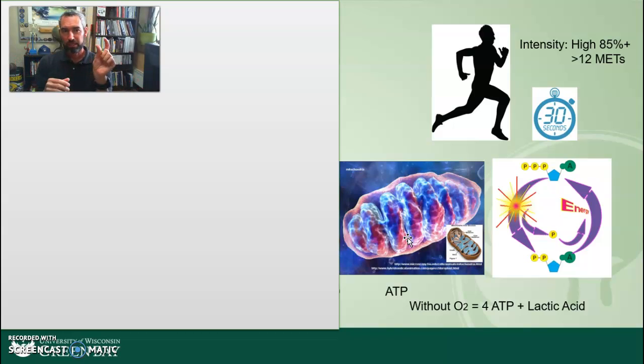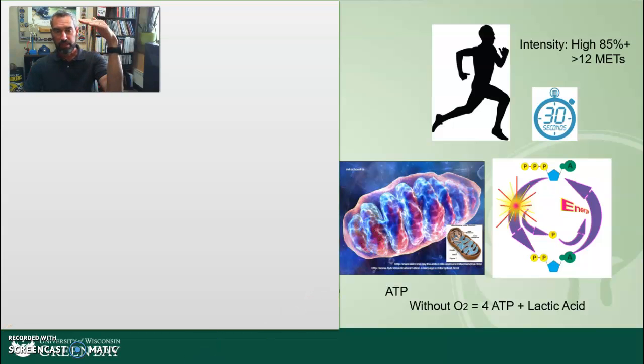So with one glycogen molecule, it can create about 4 ATP. And really the duration, right, you can get high intensity, so that's a benefit, but the duration isn't very long. You get about 30 seconds of near maximal effort.